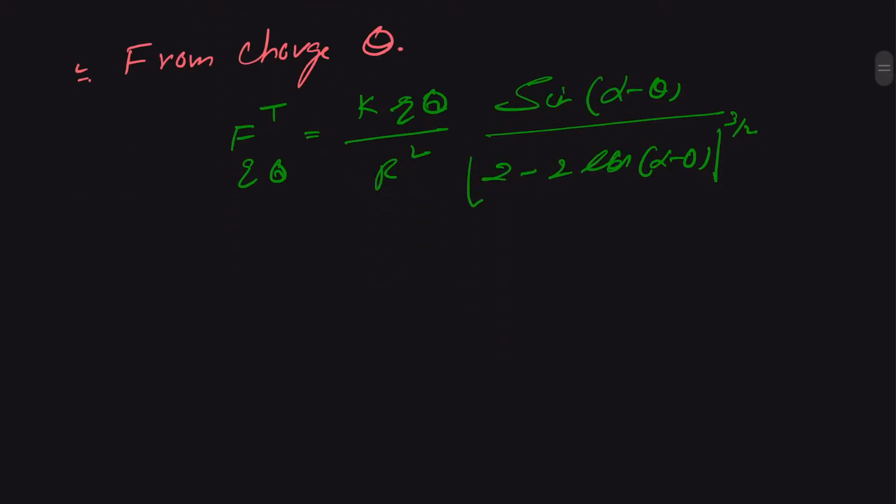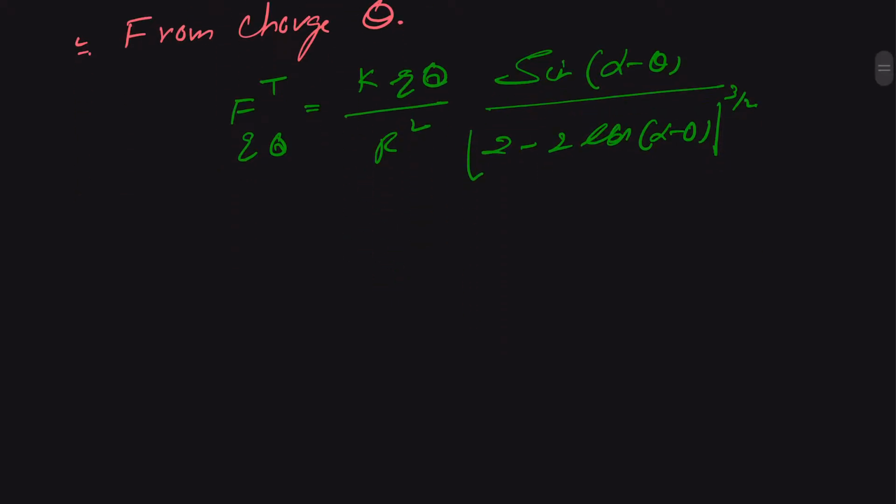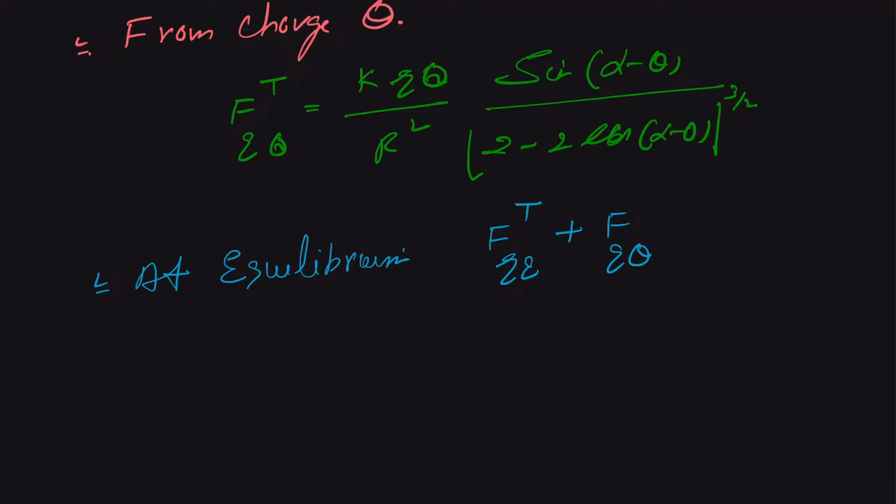And under equilibrium, these two tangential forces should be balancing each other. You can say at equilibrium that the tangential force F_qq plus F_qQ tangential should be equal to 0.